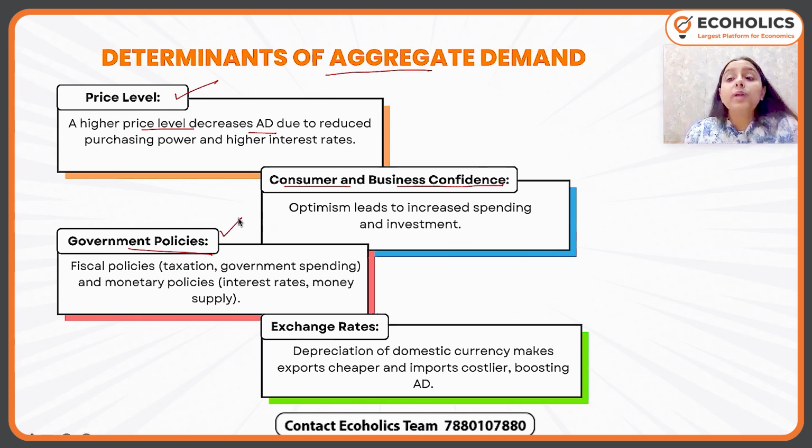Government policies also play an important role in deciding the investment, the government expenditure, as well as the consumption expenditure. And exchange rates, because exchange rates are going to affect the export and import of any country. So these four factors determine aggregate demand on a major basis.